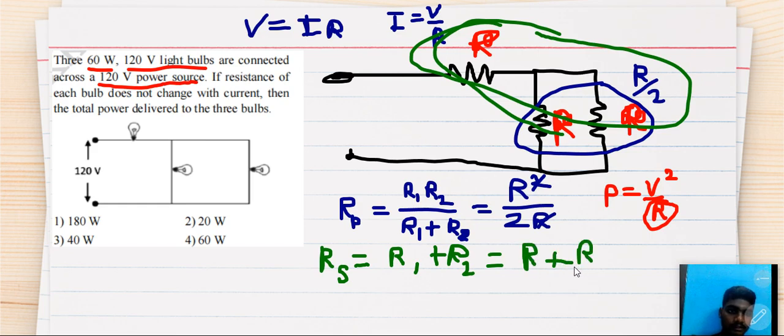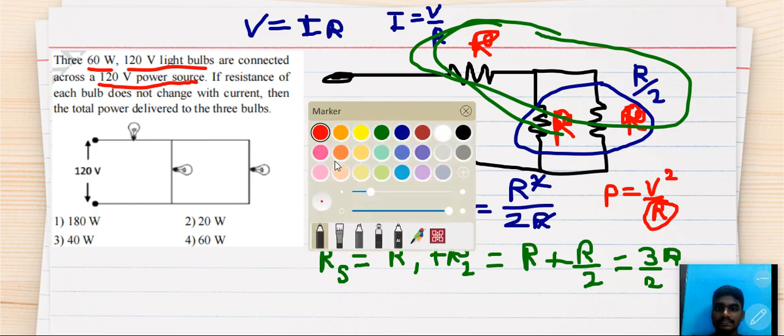So we are going to find the resultant resistance, the equivalent resistance, the final resistance, which can be written as, taking LCM, 2R plus R, which is 3 by 2 R. This is the total resultant resistance for this equation.